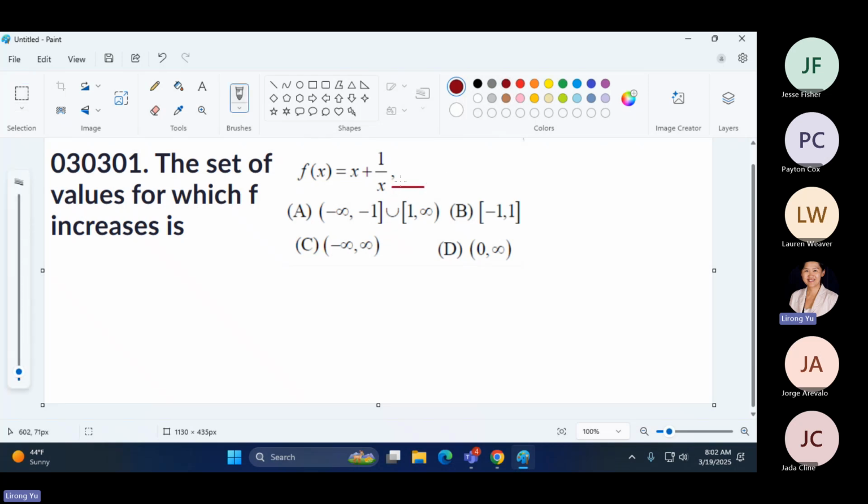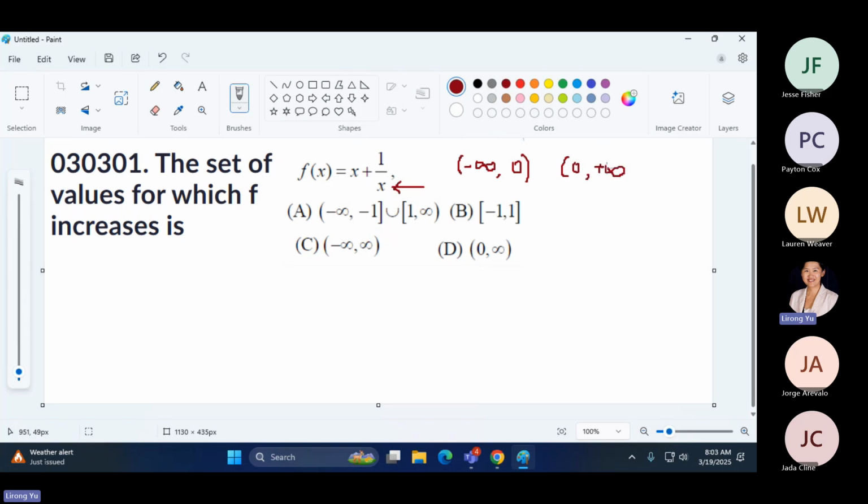Because if x equals 0, it will be undefined. So the interval that we start with would be negative infinity to 0, and then you start over from 0 to positive infinity.